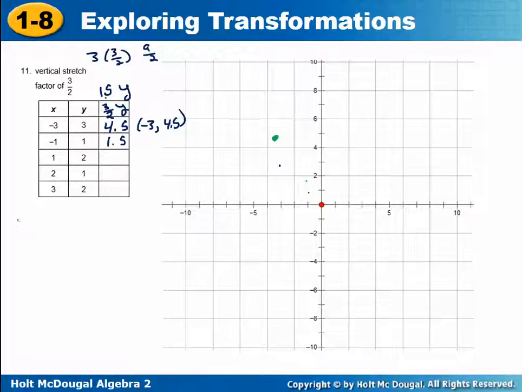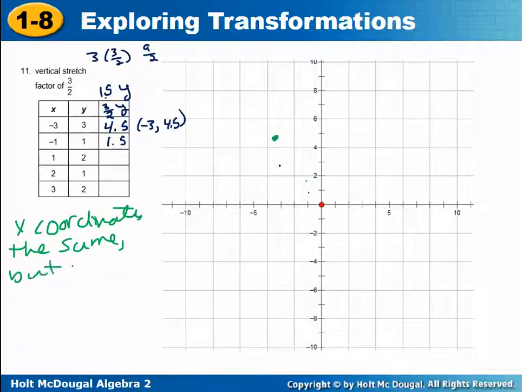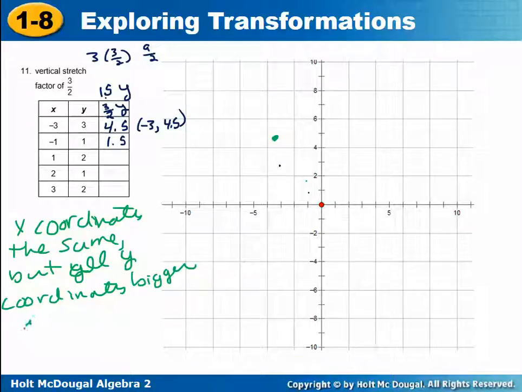You could even write exactly what I just said: the x-coordinates will be the same, but all the y-coordinates will be a little bigger. And it's been stretched kind of upwards.